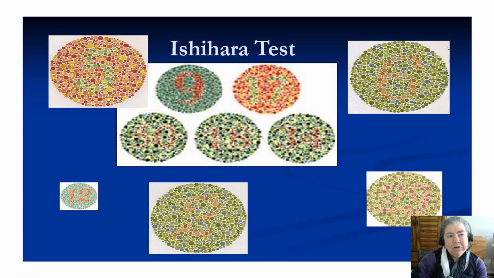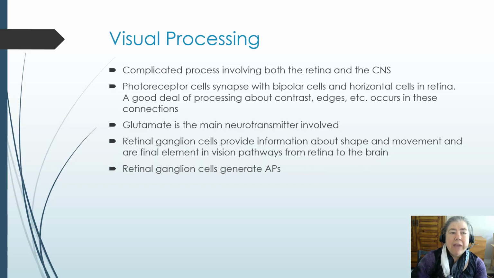And this is that Ishihara test. I don't know if any of you have ever seen these books, but if you are colorblind, the differences between the reds and greens are such that you cannot read these numbers. So it's hard to reproduce on the computer screen. I can see a 5 here.